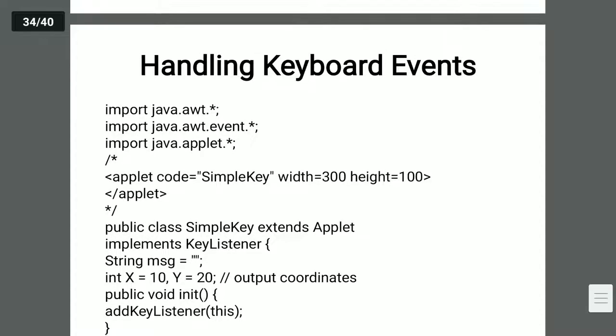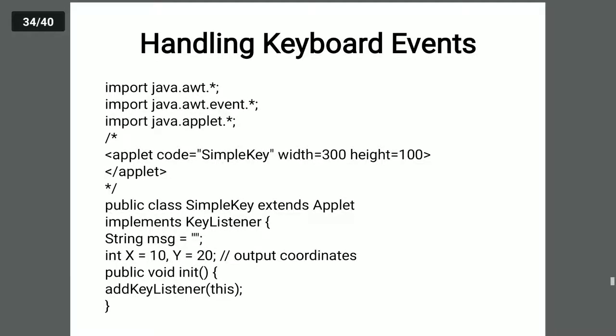So next is handling keyboard events. Under this program we are discussing how keyboard events will be handled. The first part will be the same: you need to import three packages, and you need to write the applet part, that is applet code is equal to SimpleKey, width is equal to 300, height is equal to 100, that is the applet window size.